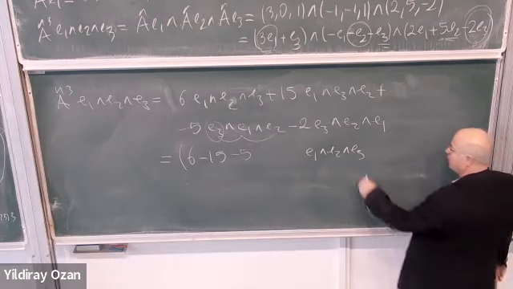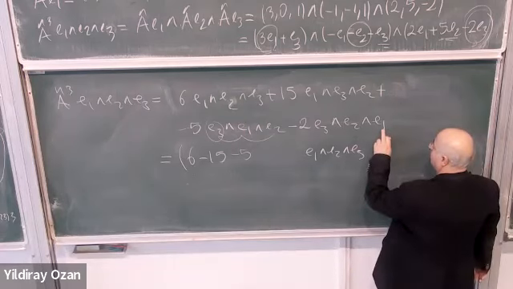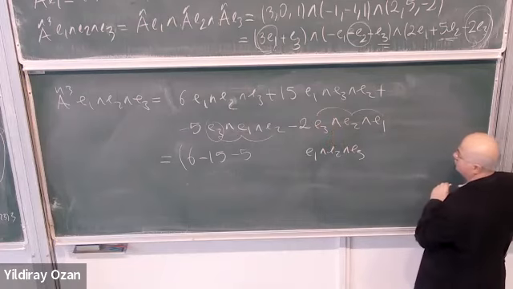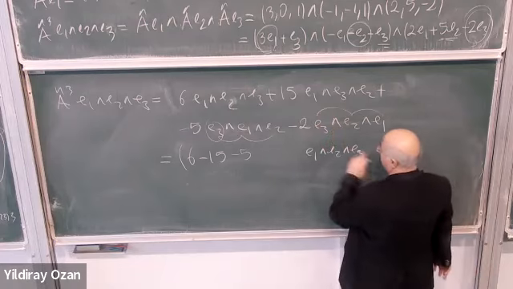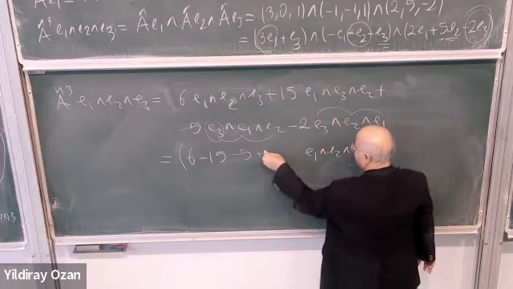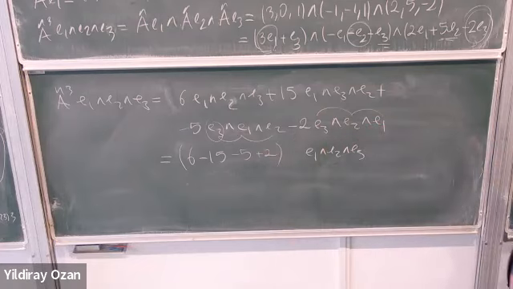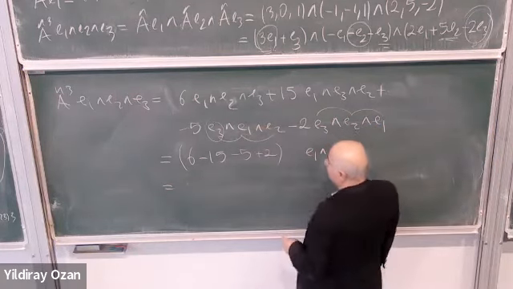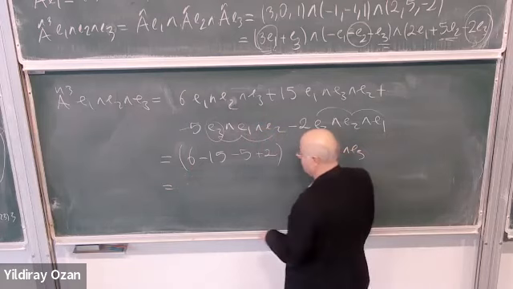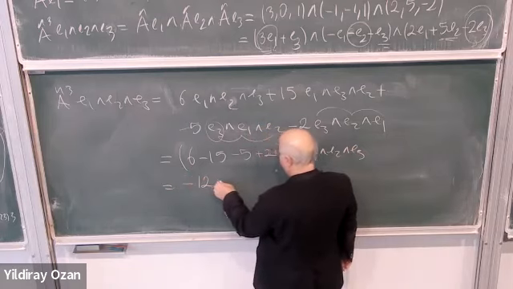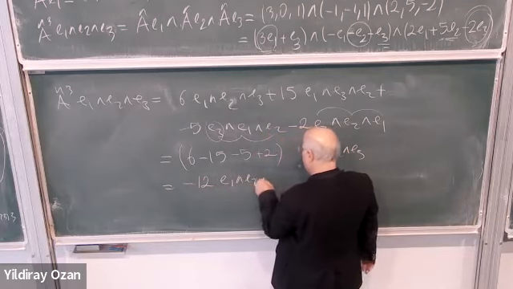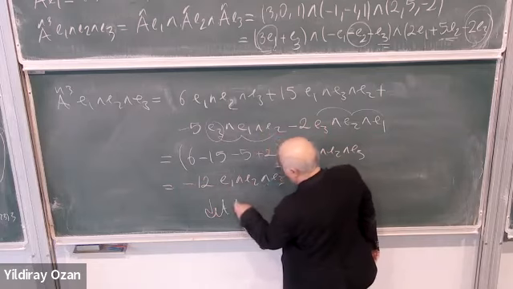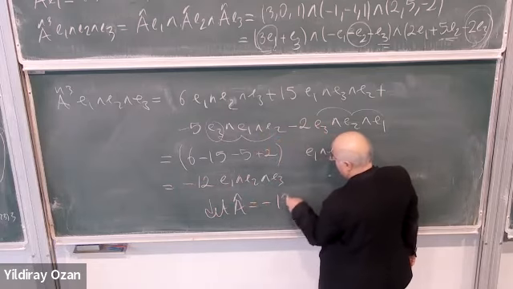And here, this has to jump twice, and then these two have to switch. So 3 transpositions, so the sign should change. Okay, so the determinant is just 8 minus 20, so minus 12 times e1, e2, e3. Therefore, the determinant of A hat is just minus 12.